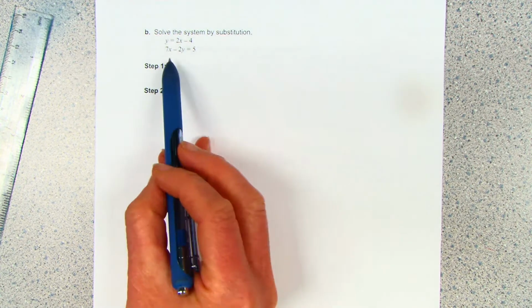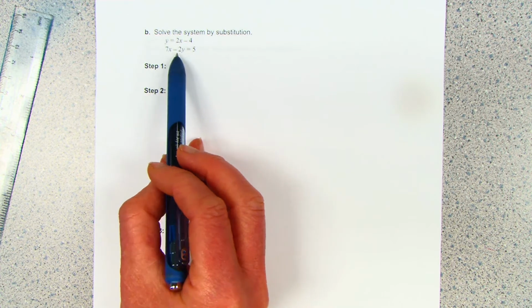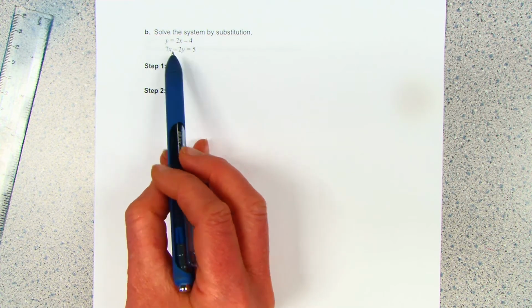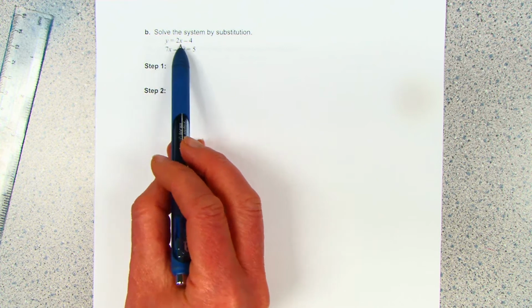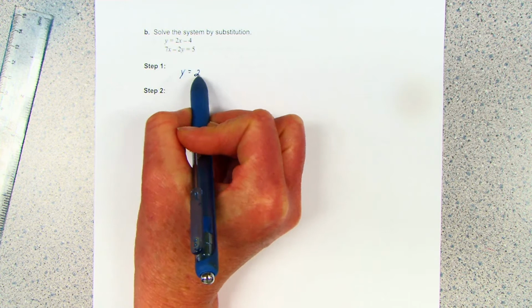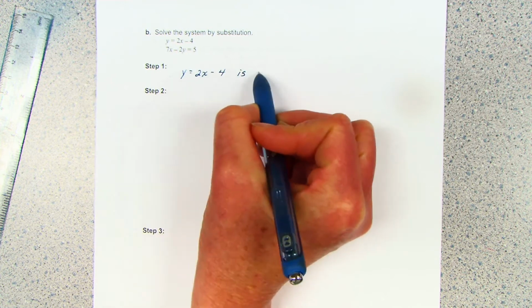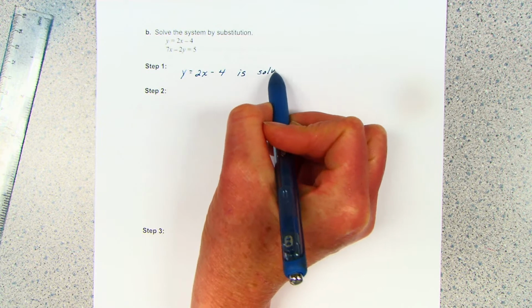Okay, so when I look at this one, I can see that they are not both already solved for one variable, but the first one is. So y equals 2x minus 4 is solved for y.